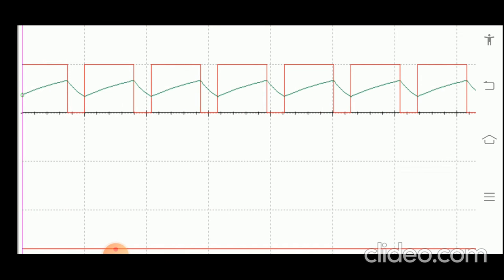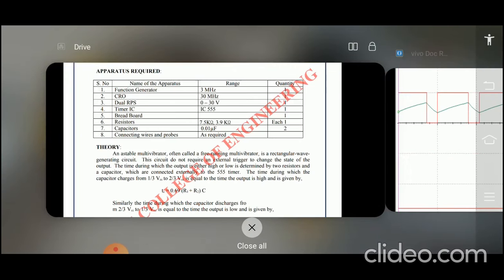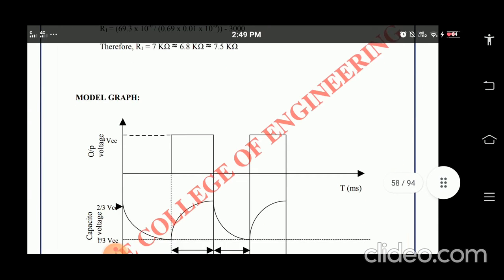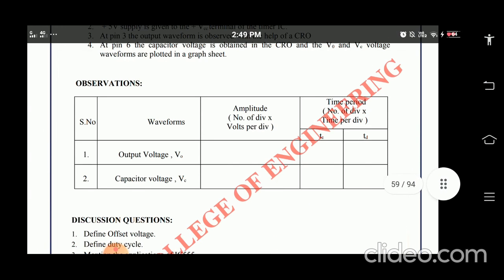So we need to take the measurement of these two voltages and fill the tabular column with the help of the waveform obtained in Multisim or manually in the CRO.